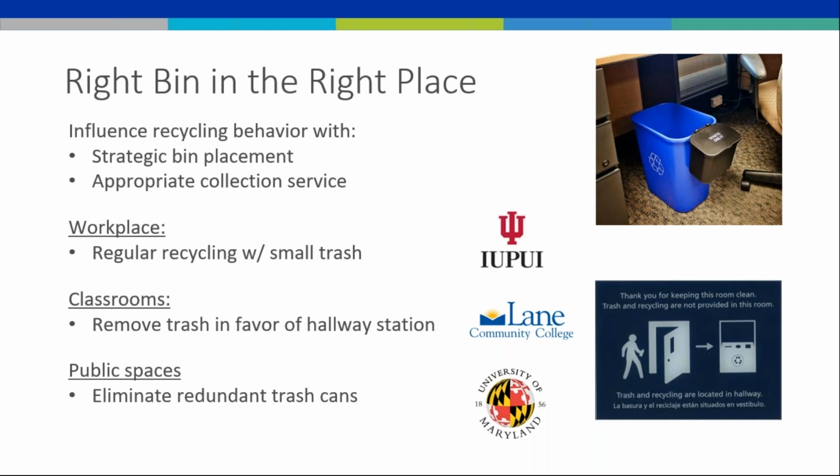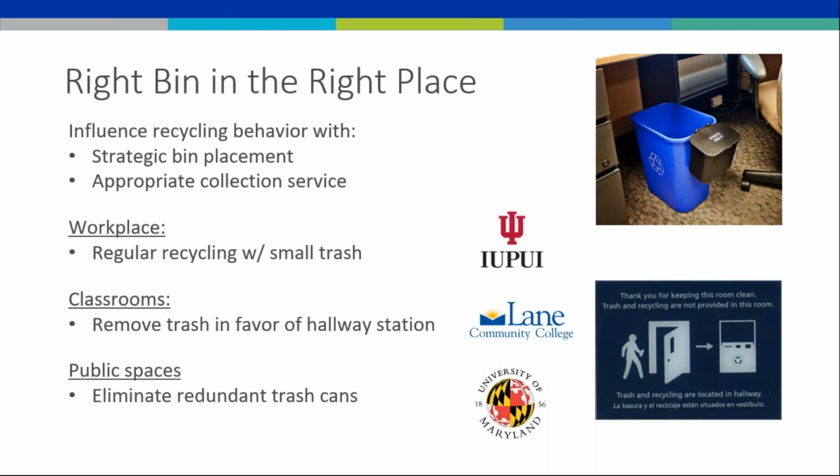Another example would be with classroom buildings. A lot of universities are experimenting with simply taking the trash bin out of classrooms altogether. One reason is that if you need to put a recycling bin next to every trash bin, that gets expensive and that gets hard to do. But if you eliminate unnecessary trash bins, that's another technique you could use. So a lot of schools have gone to a system where they now direct students to go out into the hallway, where you have uniform stations that they use instead.